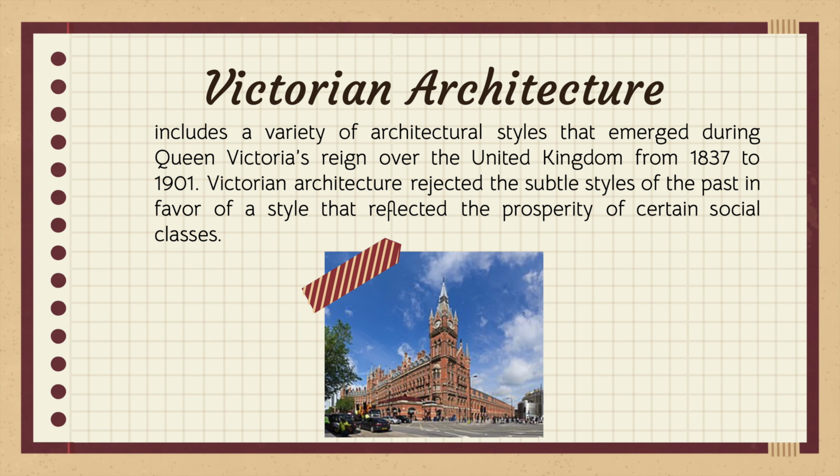Victorian architecture includes a variety of architectural styles that emerged during Queen Victoria's reign over the United Kingdom from 1837 to 1901. Victorian architecture rejected the subtle styles of the past in favor of a style that reflected the prosperity of certain social classes.